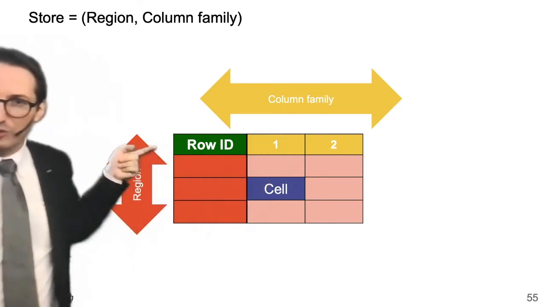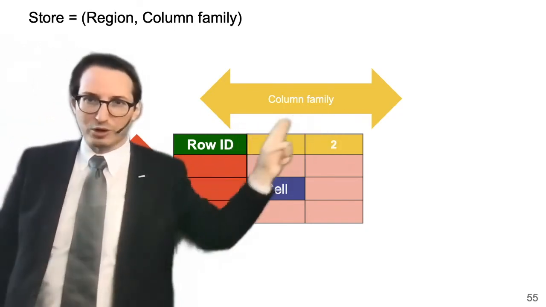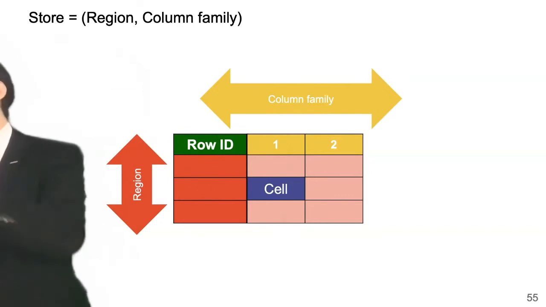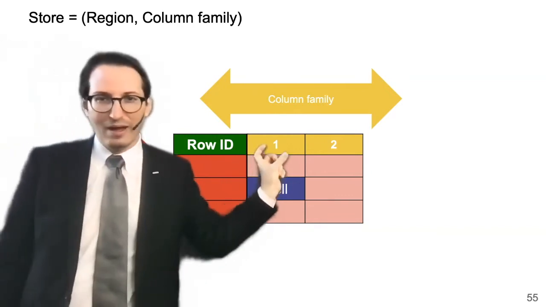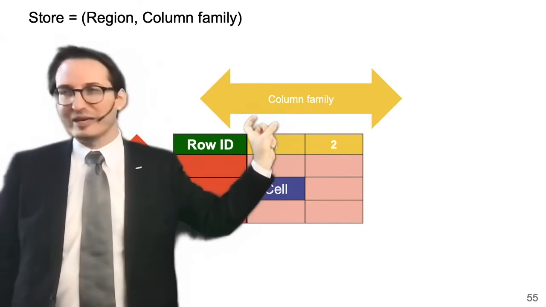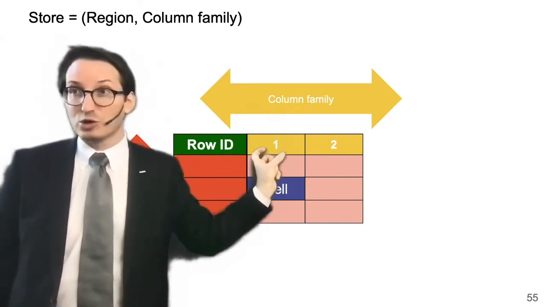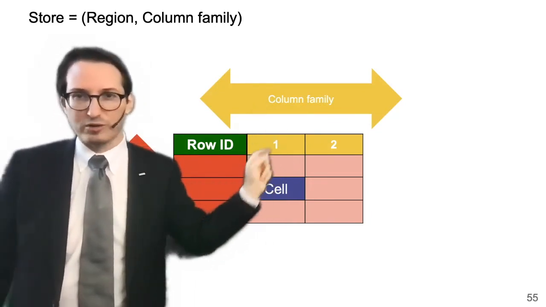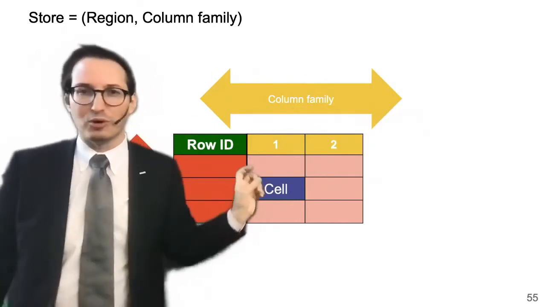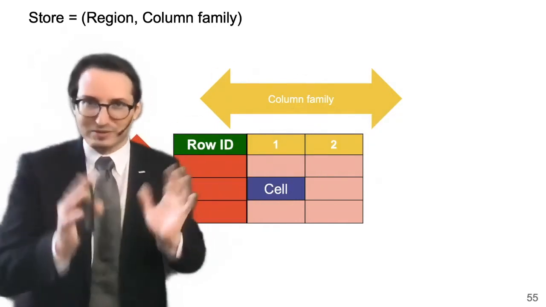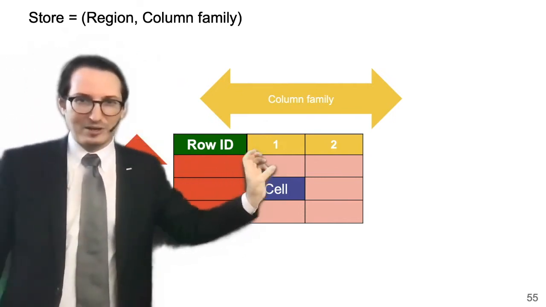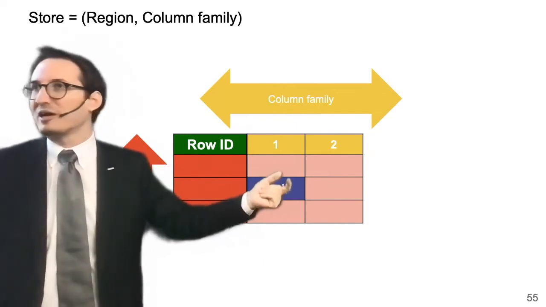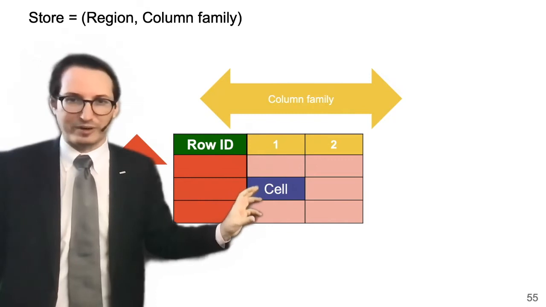The row ID is within the region of the store and the column name belongs to the column family of the store. I have to be careful, because that's maybe why you were confused earlier. When I say the column name belongs to the column family, I should be more careful. What belongs to the column family is the column that is identified with the column family plus the column name. You could still have the same column name used somewhere else, but again, it's like two people having the same first name, right? So one column and one row give me one cell. It's the equivalent of a cell in a relational database or in spreadsheet software if you want. So this is a cell.